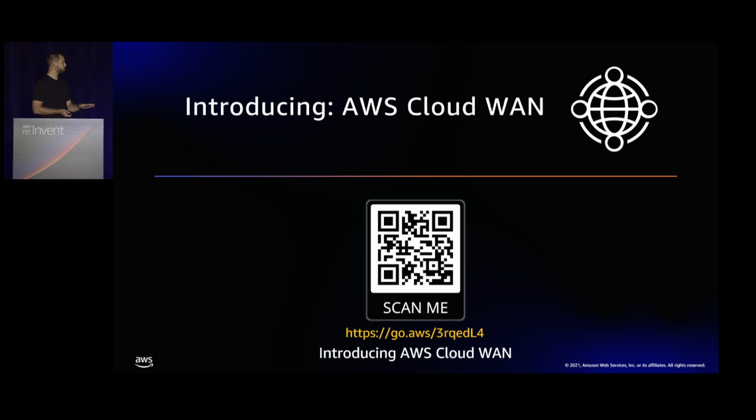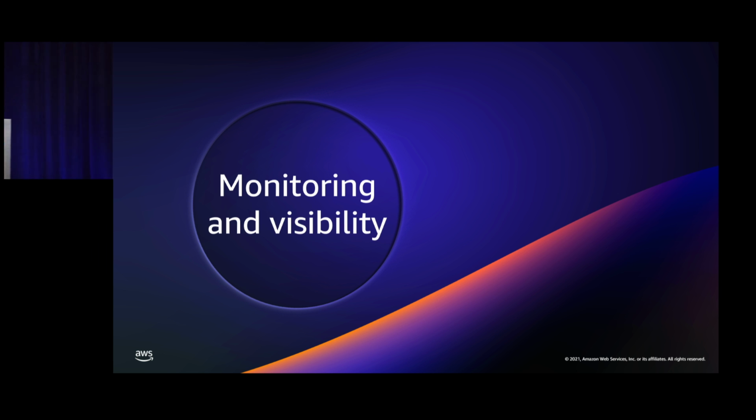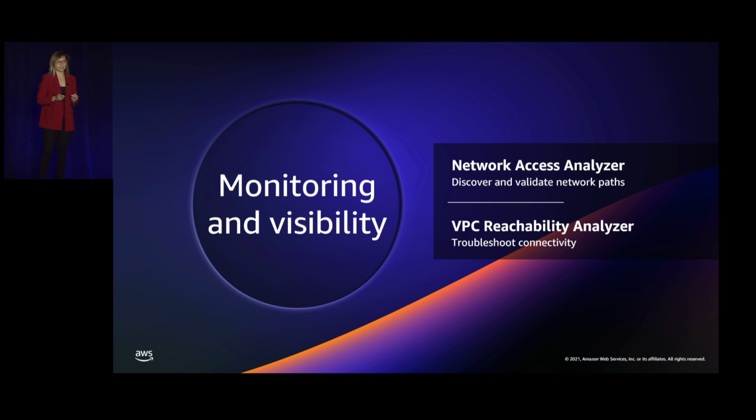Now we do have a tiny bit more content for Alex on monitoring and visibility. Thank you. Yep. For all networks, when it comes to monitoring and visibility, network engineers are like, okay, I need to do this fast, right? So we have two services that we're going to focus on today.